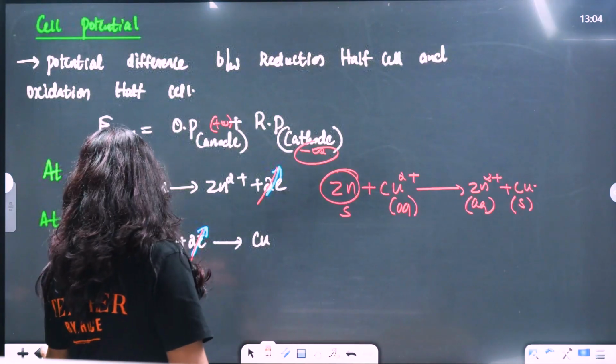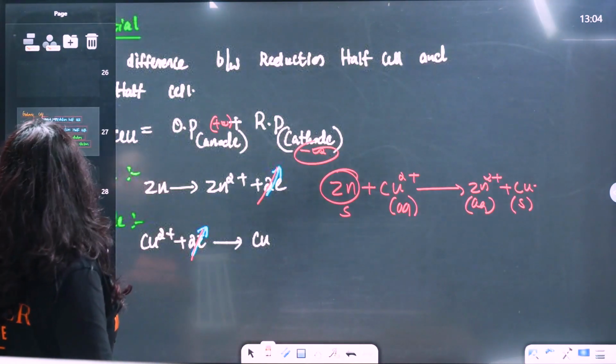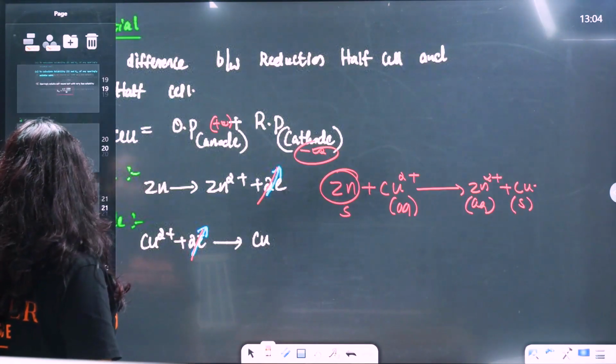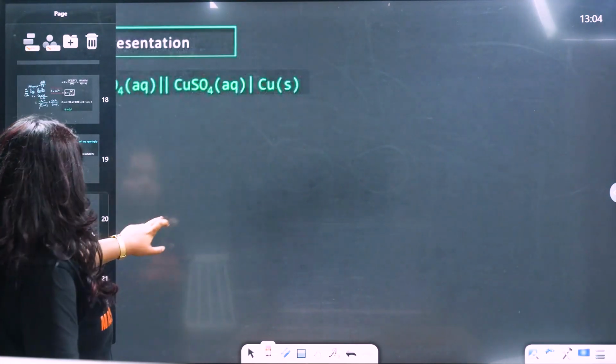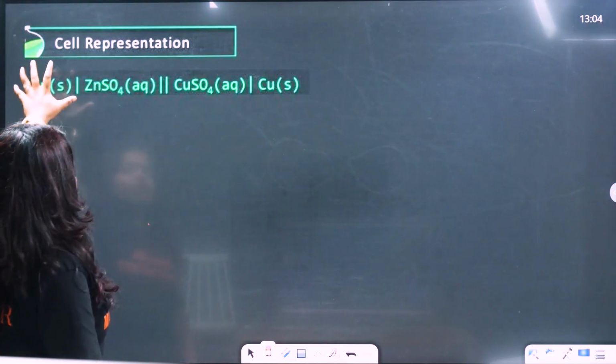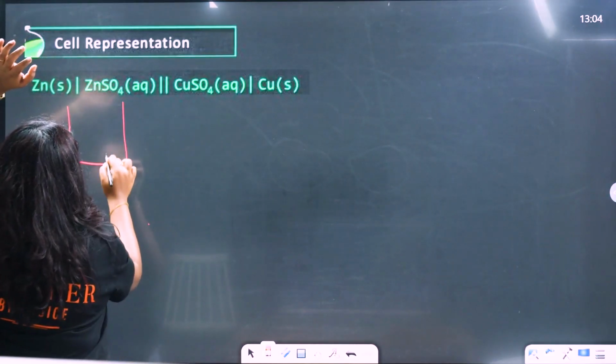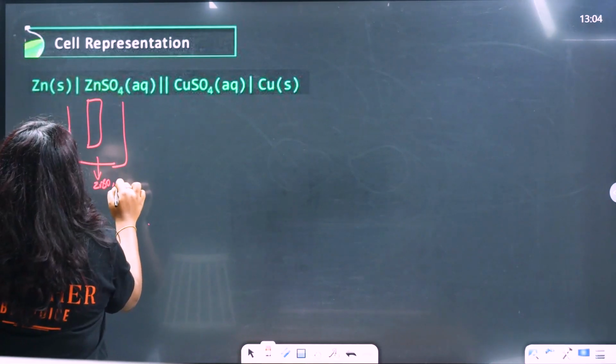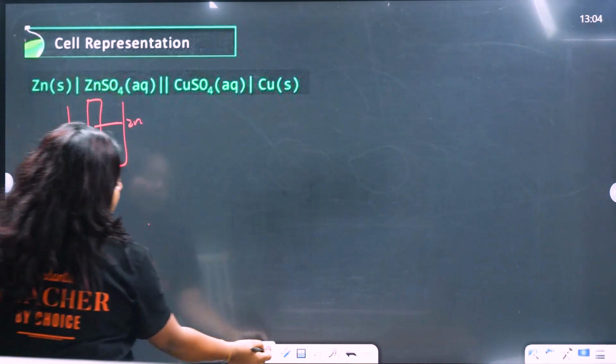Okay, now how to denote this particular cell? If you ask how a cell is denoted, this is how they denote it. This represents what is happening here.